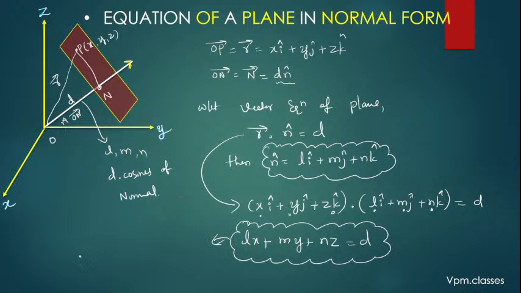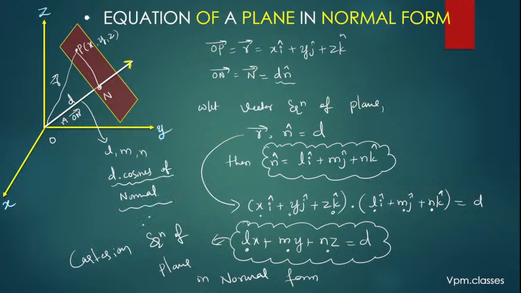This indicates the Cartesian equation of a plane in normal form, where l, m, n are the direction cosines of my normal vector ON. So this is how you have to derive the equation of a plane in normal form, both the vector equation and the Cartesian equation. Please do remember these things.